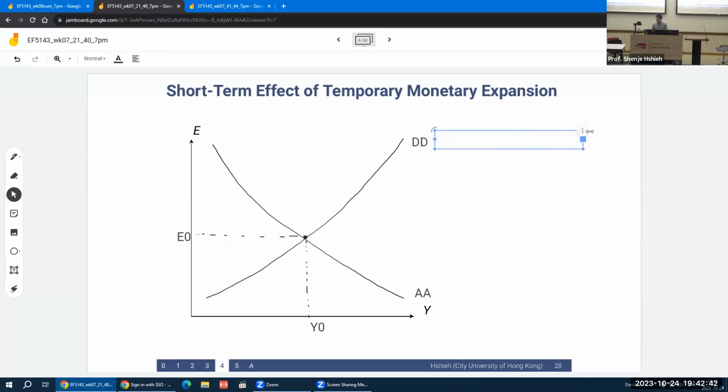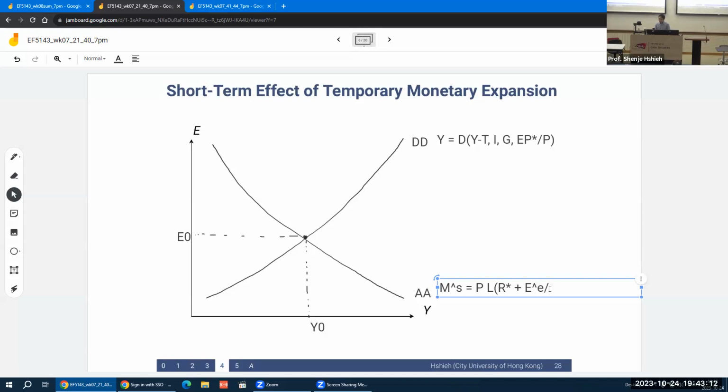To make things clear, let us write the equilibrium condition for the DD schedule as well as for the AA schedule. For DD, Y equals C of disposable income, plus I, plus G, plus the current account CA of Q, where Q equals EP star over P. And for the AA schedule, it's the money market equilibrium: MS over P equals L, but now we replace R with R star plus E hat E over E, instead of the percent change, and then Y. So that's our starting point.